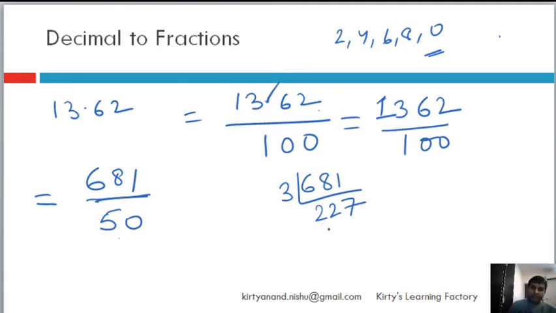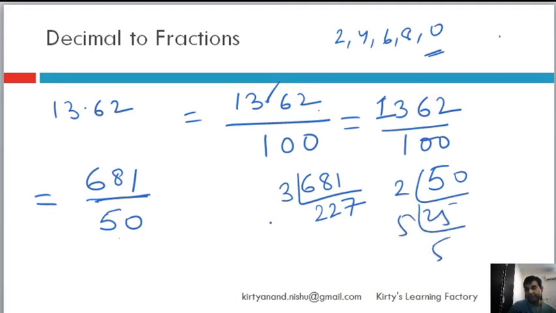Yeah, so 17, and then 5 no, 19, 37 no, 23 no. Right, so 227 is a prime number. You can check it yourself, and just to save time, 55 is 5 times 11.